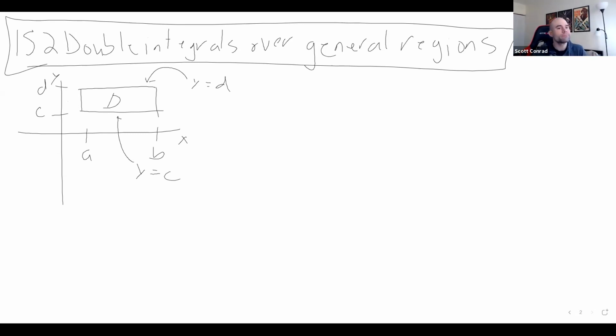So if we draw a vertical line anywhere that intersects this region D, it's going to hit the bottom of the region D in the curve y equals c. So the bottom, no matter where, is going to be the same curve y equals c, and the top is going to be the same curve y equals d.